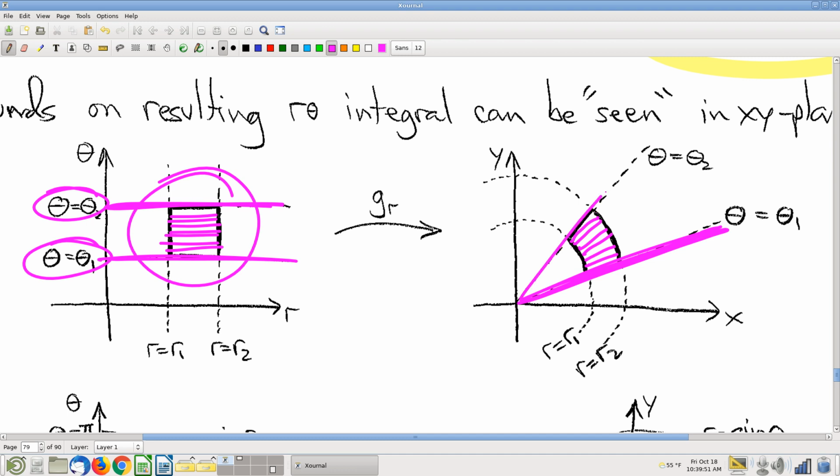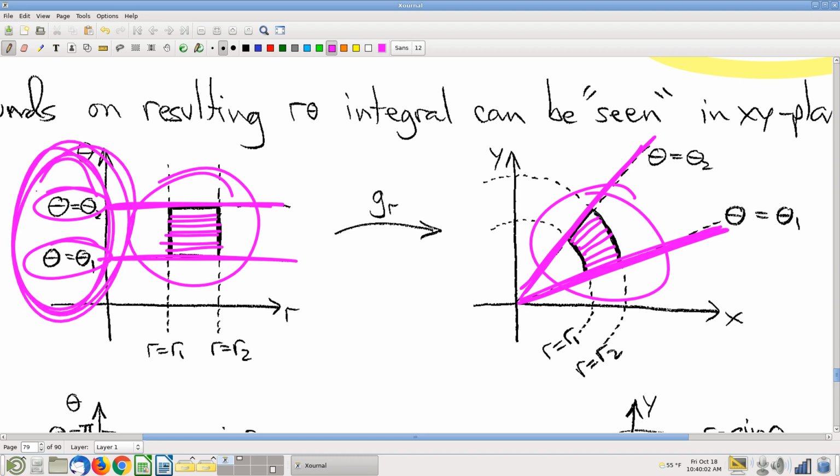And then I can see that last slice, again, pretty easily, right there. So there's what they look like in the XY plane. To find the theta bounds, knowing what the starting and ending values of theta are going to be on the pullback integral, I can see them over here in the XY plane.